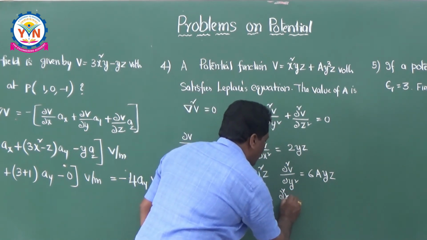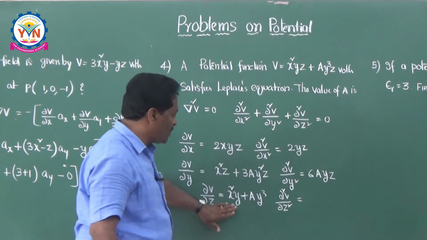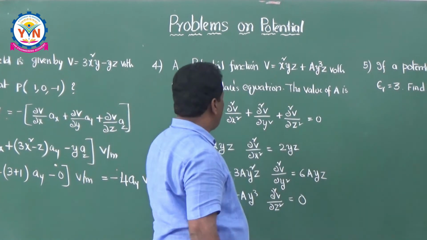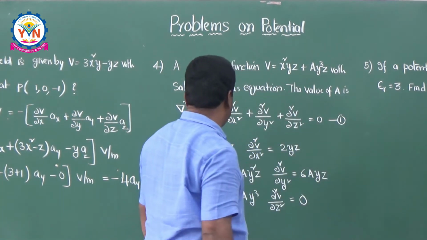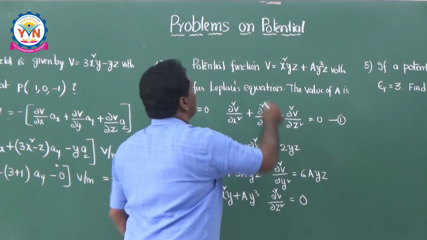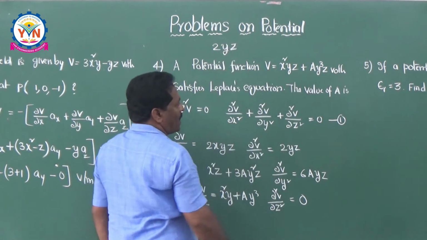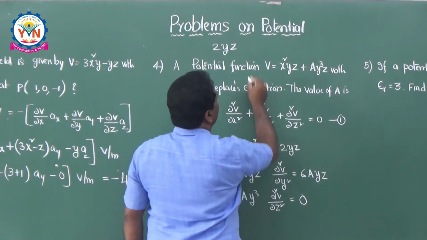Once again differentiating, this is 0 and this is 0, that side becomes 0. Now substitute into the main equation, you are going to get the value of A. So, dou square V by dou x square is 2yz. And dou square V by dou y square is plus 6ayz.